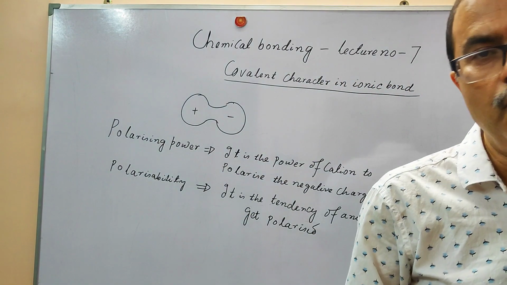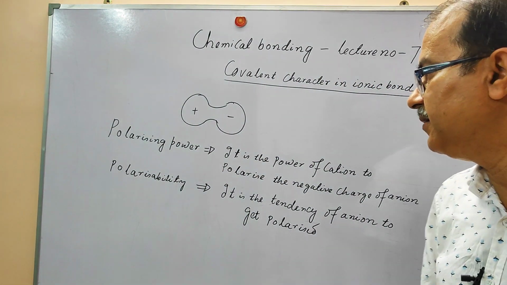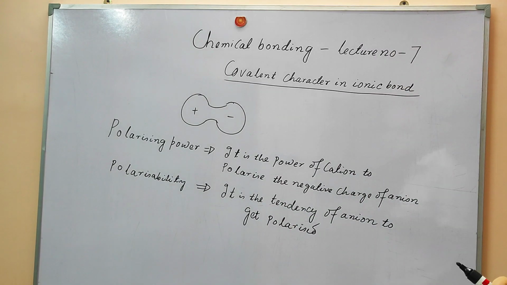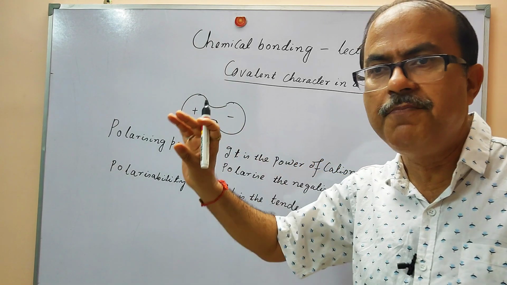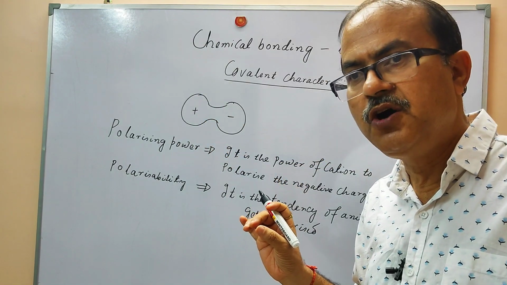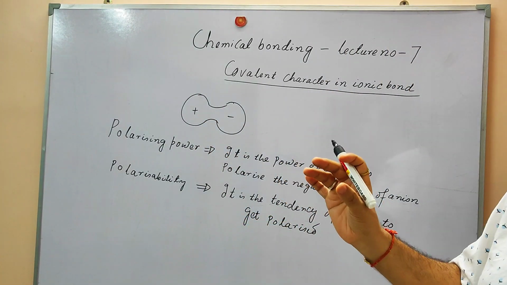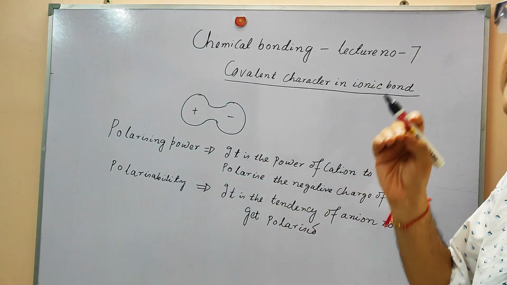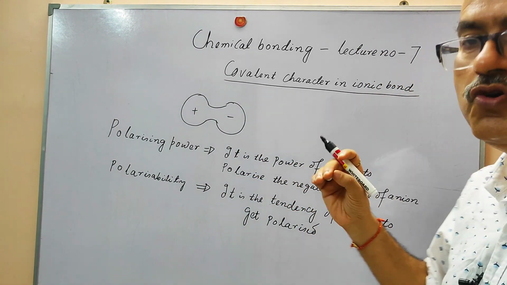Obviously, the cation is going to polarize the negative charge towards itself, and in this process there will be neutralization of the positive charge of the cation. The higher the neutralization, the higher the percentage of covalent character imparted in the ionic bond.